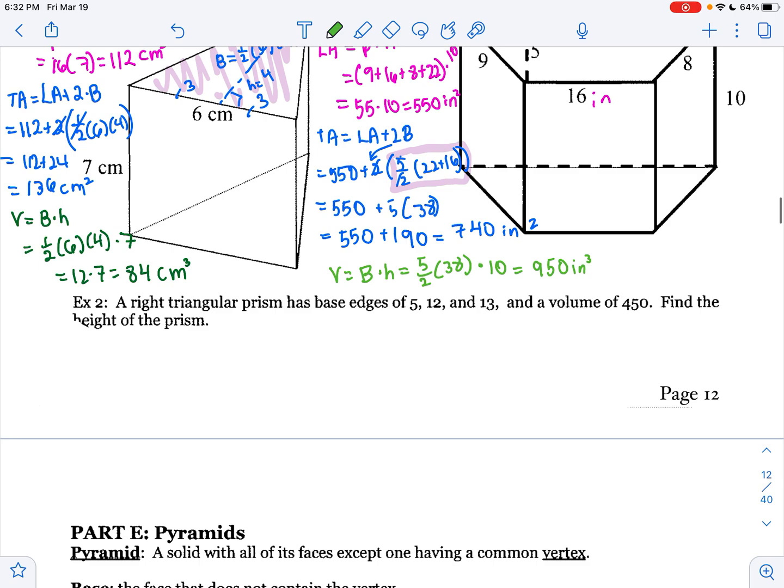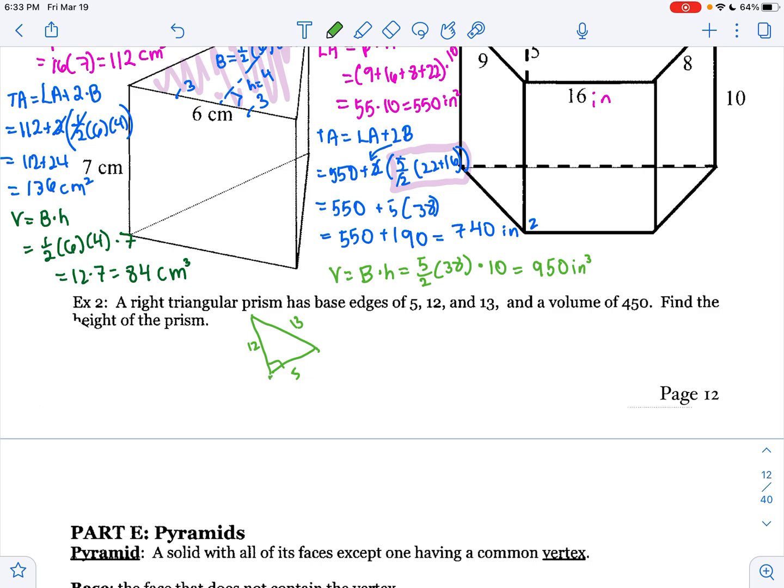Now our very last question, example number 2, doesn't give you a picture, so let's sketch that. You've got a right triangular prism. So let's draw a right triangle, which means that one of your bases is a right triangle. It has base edges of 5, 12, and 13. We know that the longest side has to be 13, so the other 2 sides have to be 5 and 12.